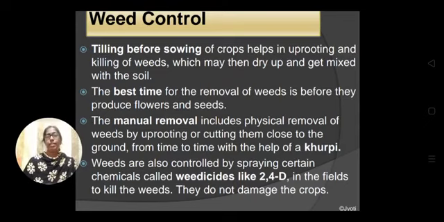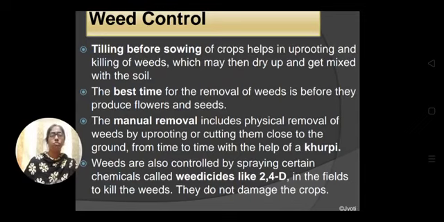But one thing, in what way is it harmful for the crops? Because these are chemicals. When we spray it, the growth will take place properly, but after fruiting or after flowering of the crops, if we spray the weedicide, then that chemical may contaminate the fruit, or some chemical will be mixed with the fruits.